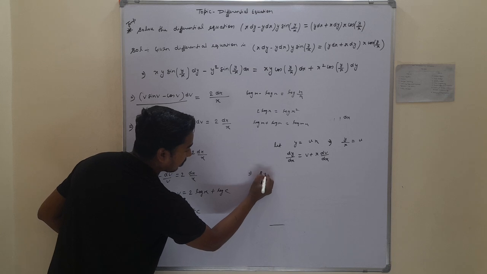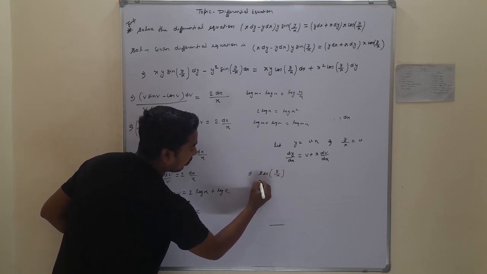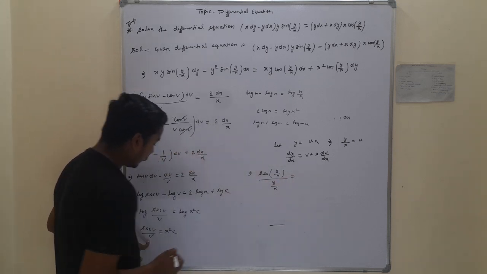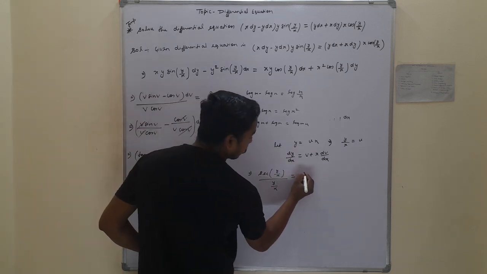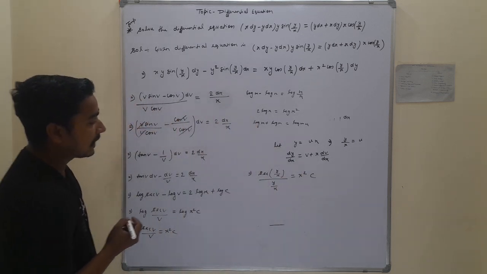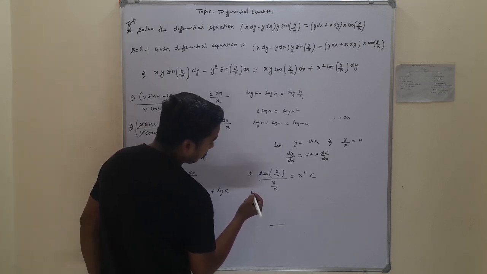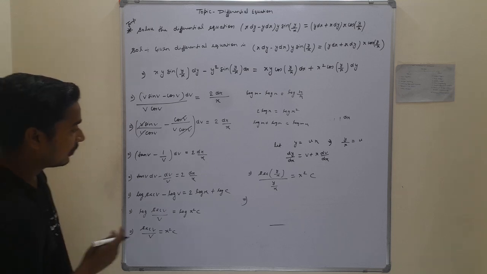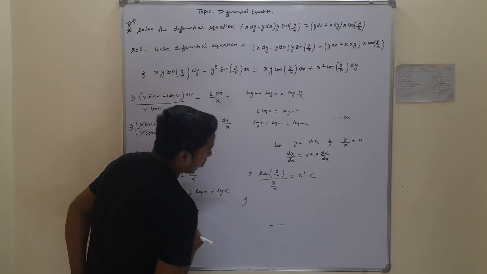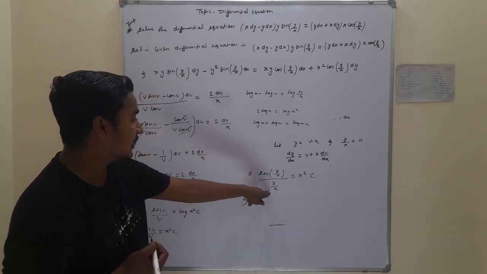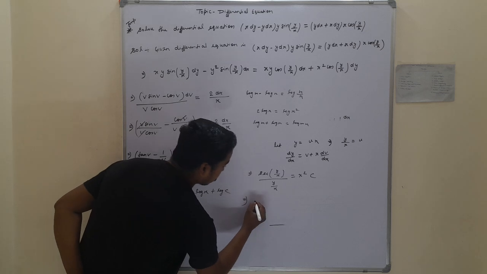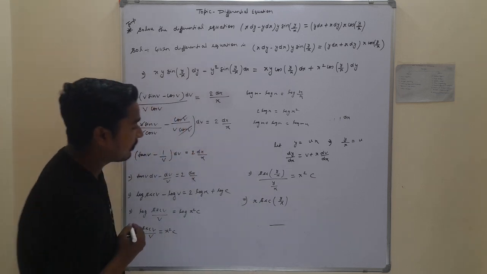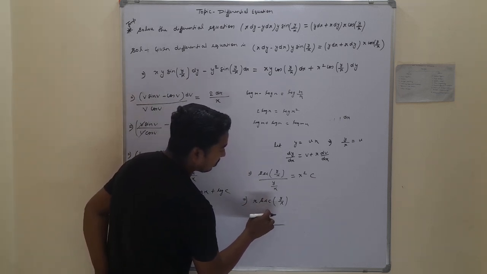This gives sec of y by x upon, in place of v we also put y by x, is equal to x square into c, and from here we can write sec of y by x multiplying, this gives x taken to the numerator, x sec y by x, and the denominator y is remaining, so we multiply.